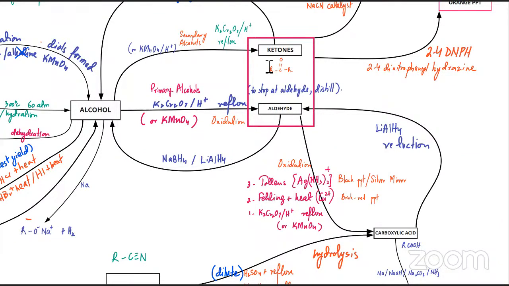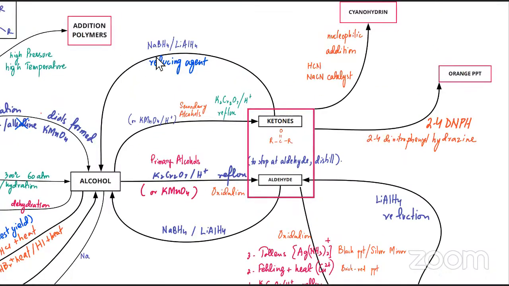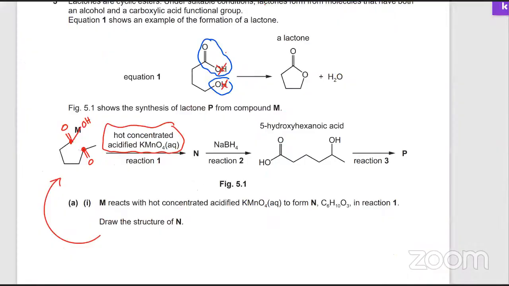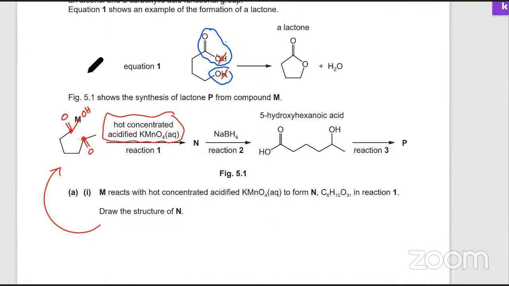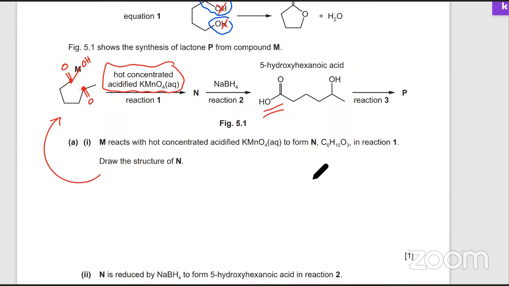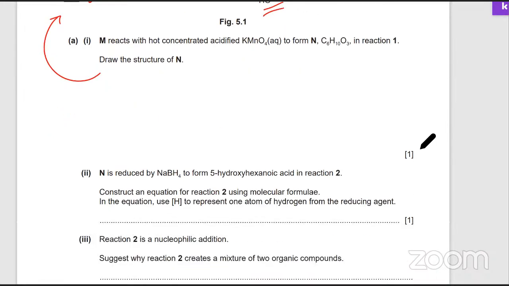So aldehyde and ketones are going to get reduced by NaBH4, they'll turn back into an alcohol. तो यहाँ पे क्या होगा, the double bond O part, that turns back into an alcohol. तो वो जो एक end है ना, that's carboxylic acid, that remains as carboxylic acid. The other end just turns into an alcohol. That's it. अच्छा, फिर there's some reaction P as well, reaction number 3, which we don't know what it is.